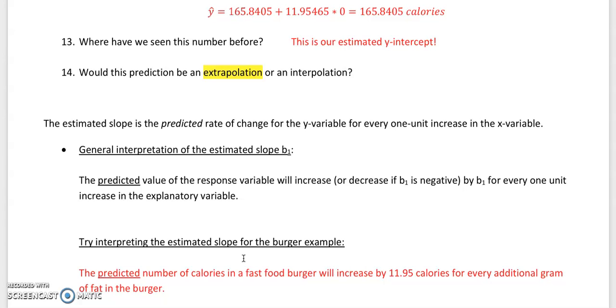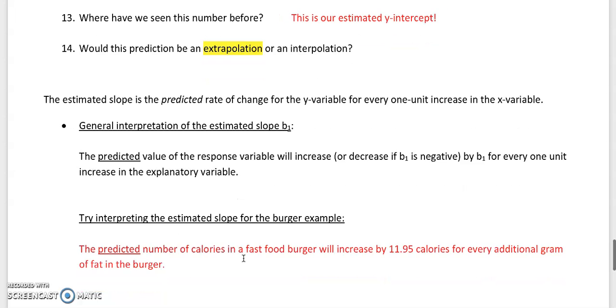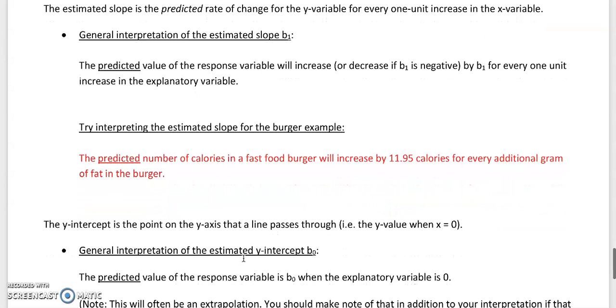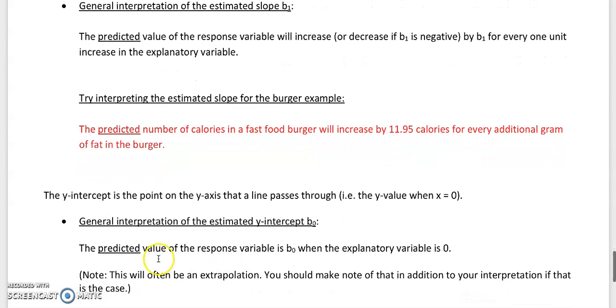All right? And so we're going to do something similar for the y-intercept as well. The y-intercept is the point on the y-axis that the line passes through. Another way of thinking of that is it's the y value when x equals 0. So we can set up a template for how we might interpret this.